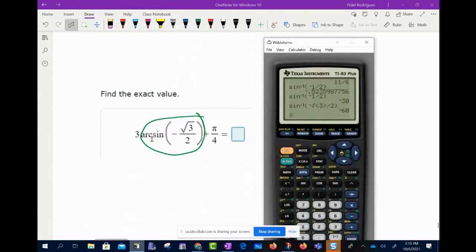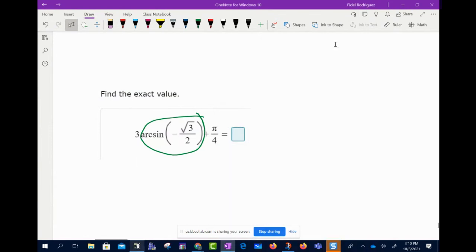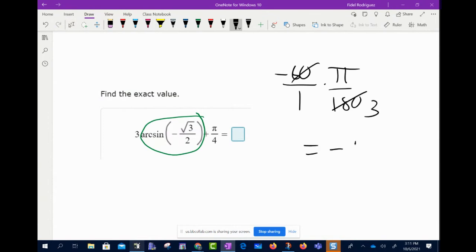Because I'm doing this in pieces. Before I do the 3, I want to find out what this number is going to give me first. So look, we got negative 60, right? So negative 60, let's convert that to radians. That should be a negative pi over 3, right?